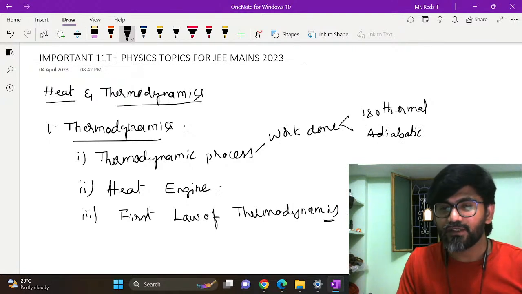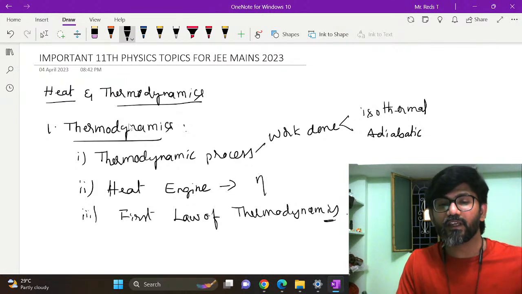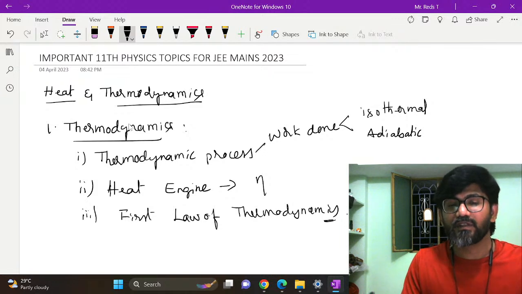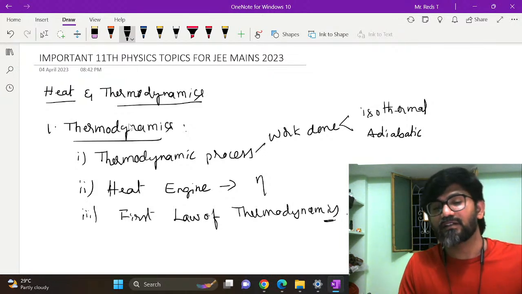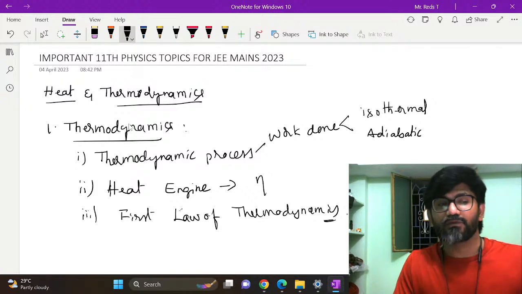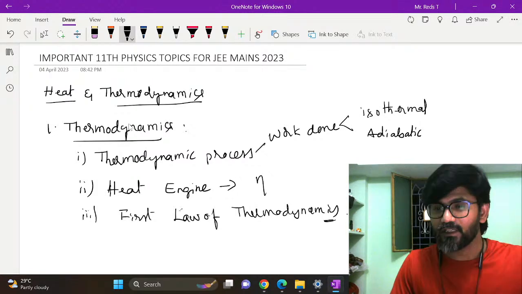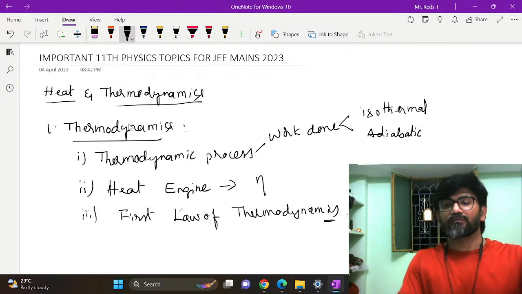And of course heat engine, the efficiency of heat engine, efficiency eta, and along with this a refrigerator and coefficient of performance of the refrigerator. The first law is delta Q is equal to delta U plus W, or PdV.